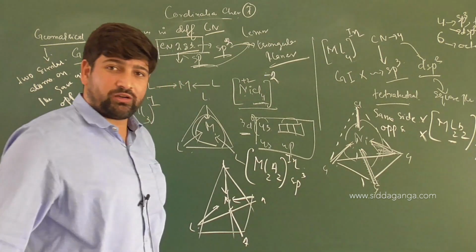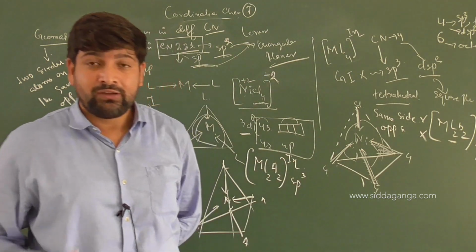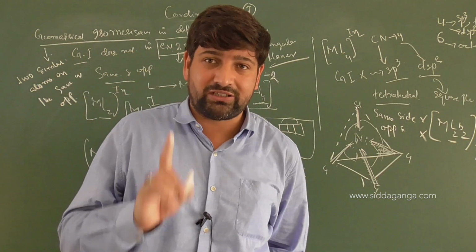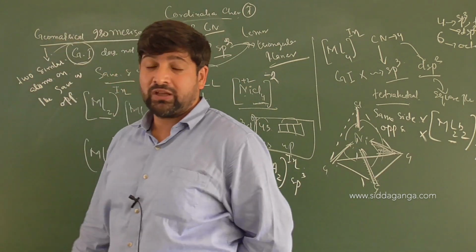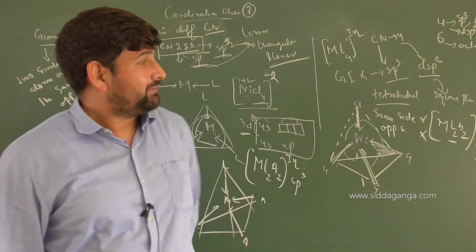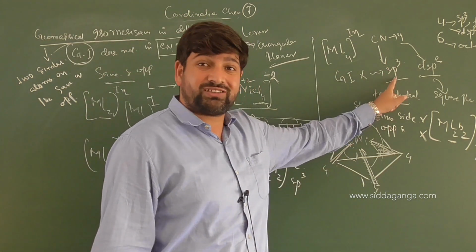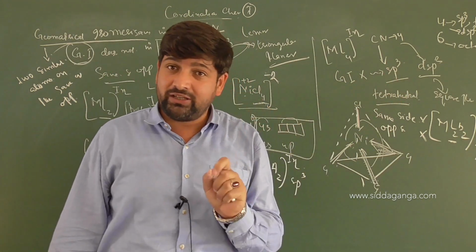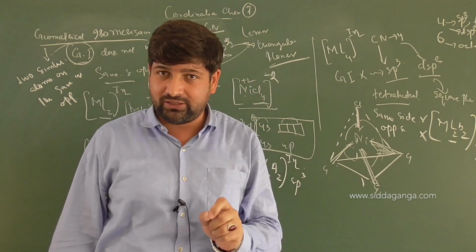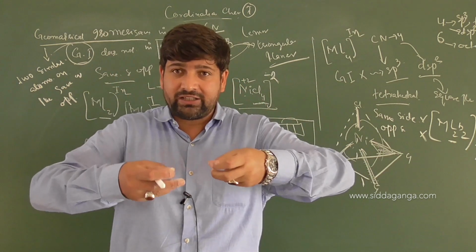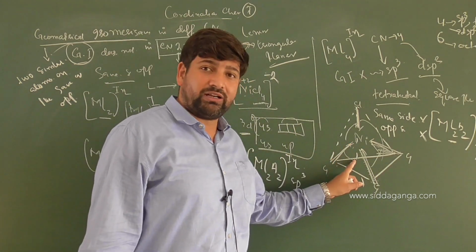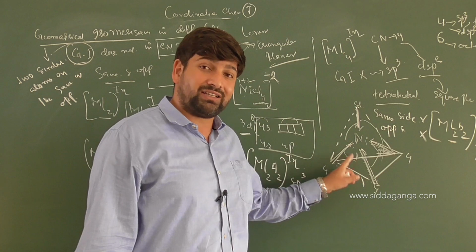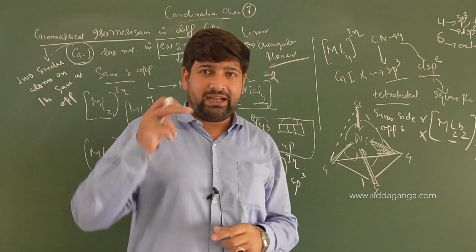So there is no question of being on the same or opposite side. So remember, with coordination number 2 and coordination number 3 in coordination chemistry, there is no possibility of geometrical isomerism. Even in coordination number 4, when the hybridization is sp3, which is tetrahedral, even if the basic condition like two similar ligands A and A is present, you cannot say they are on the opposite or on the same side, because in tetrahedral geometry, all bonds are at adjacent positions.